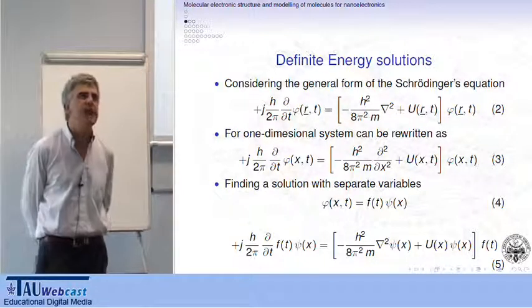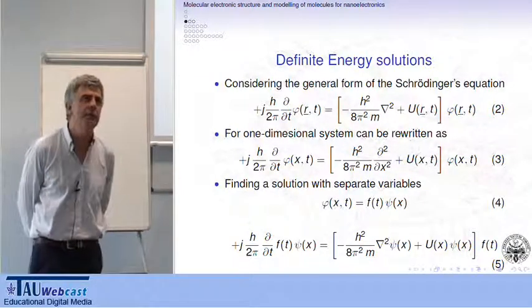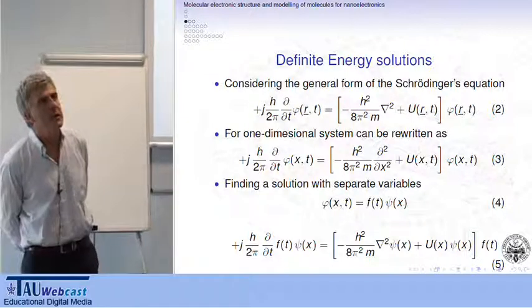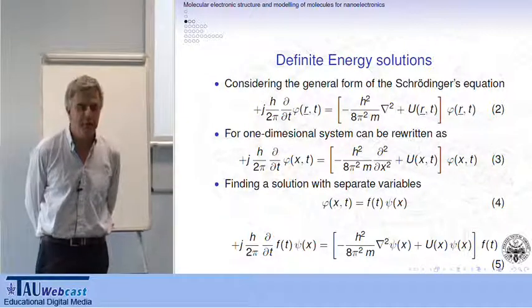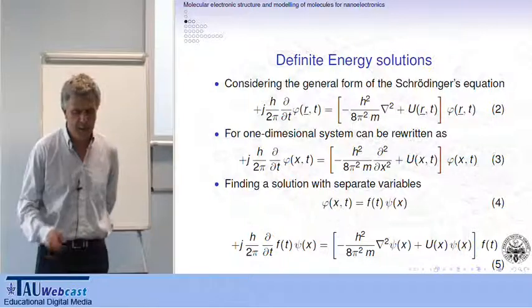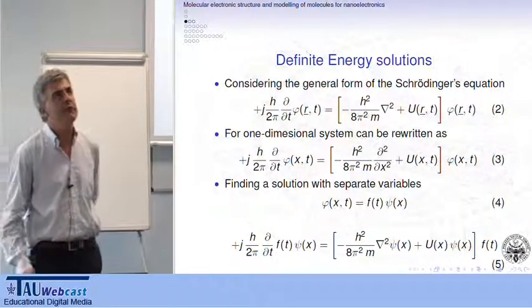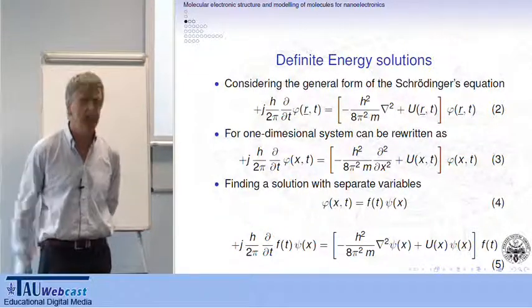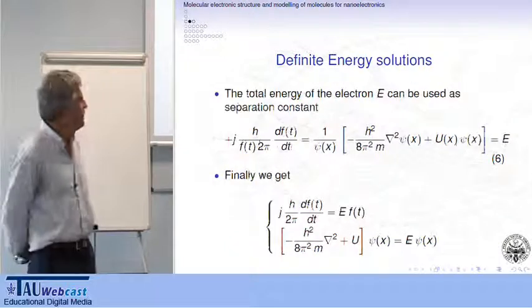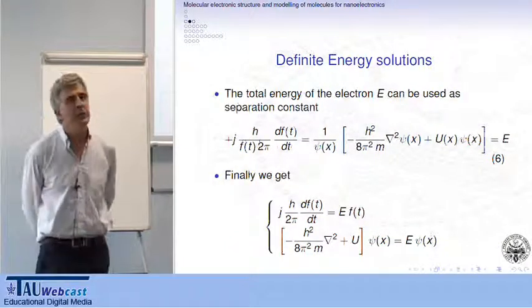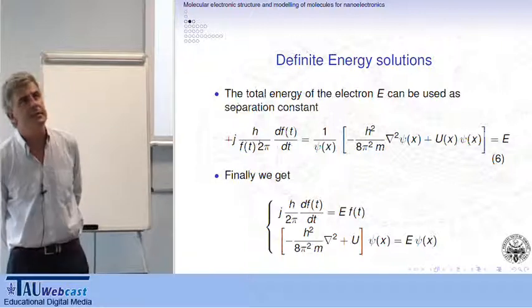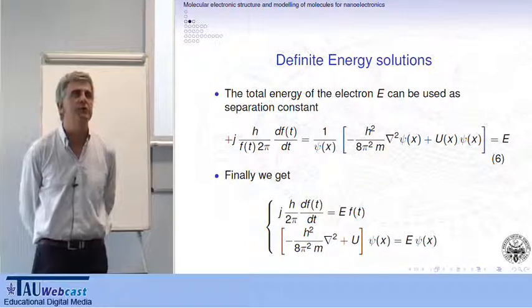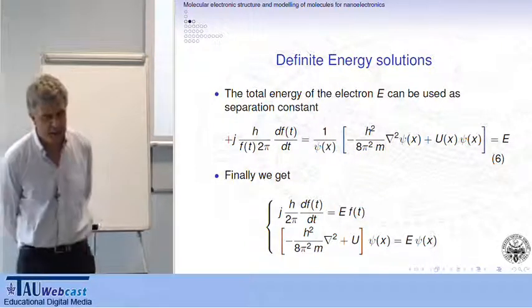So if we substitute a separated-variable form into the general form of the Schrödinger equation, we can obtain the last equation in the slide, and that means that we have a separation constant called energy, the total energy of the electron.